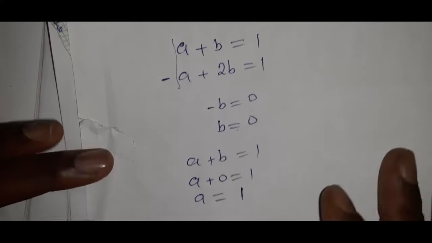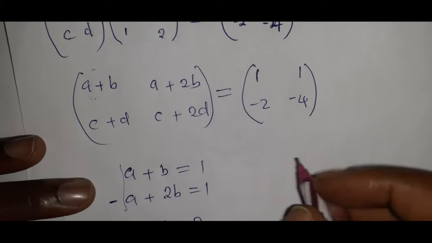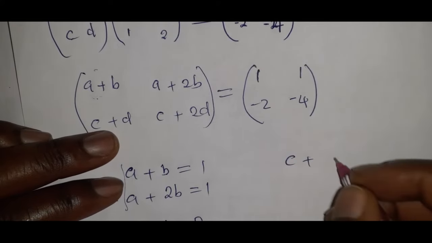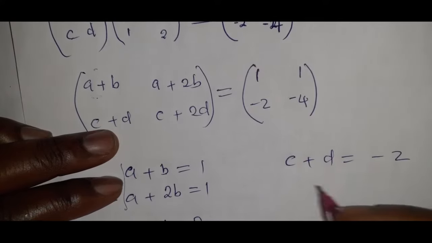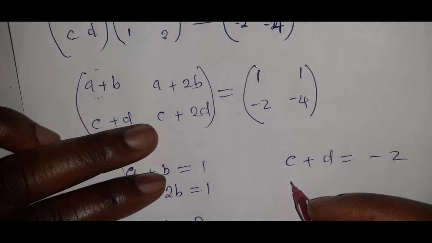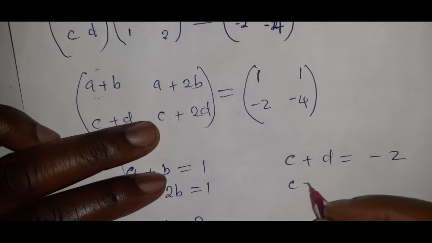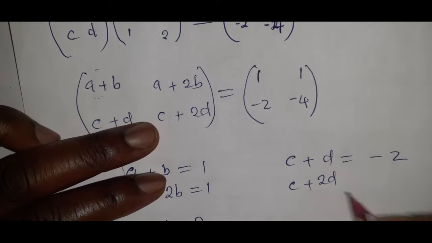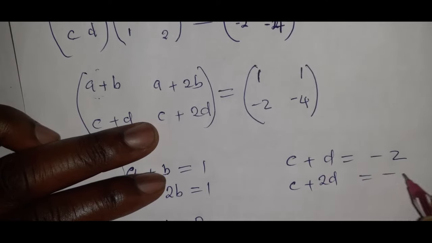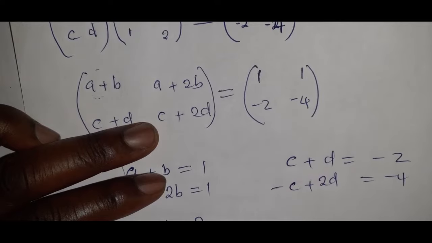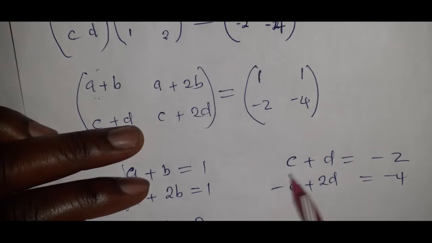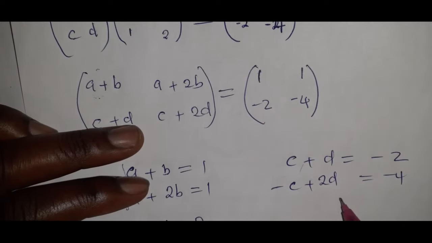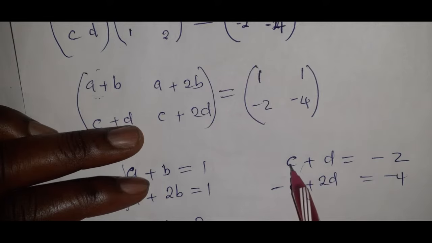Okay, so we do the same thing on this side. We use now C plus D is equal to -2. Then C plus 2D is equal to -4. So when we subtract this one, what are we getting? This is going to give us 0.